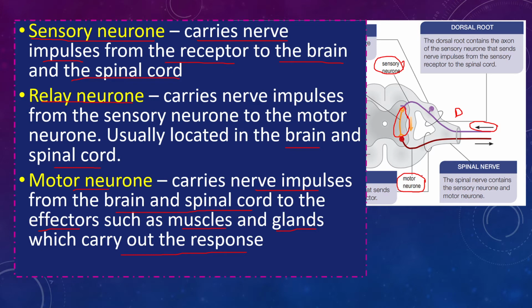So look here, this is motor neuron. Inilah dia. It is now leaving the central nervous system, and here dia terletak pada the ventral root. Then look at the arrow over here, leaving the spinal nerve. This is spinal nerve.